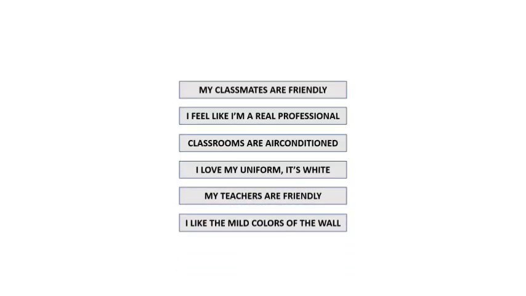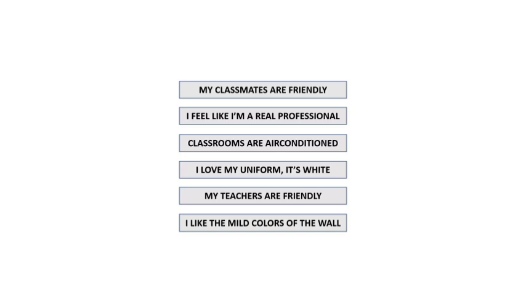For example, these are statements from a student. My classmates are friendly. I feel like I'm a real professional. Classrooms are air-conditioned. I love my uniform, it's white. My teachers are friendly. I like the mild colors of the wall. So these are all statements. Now when we thematize things, it is not a question of whether it's absolutely correct or wrong, but it's a question of does it follow a logical process of identifying patterns.